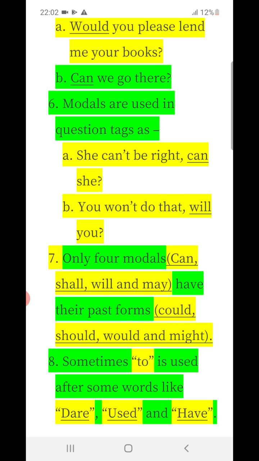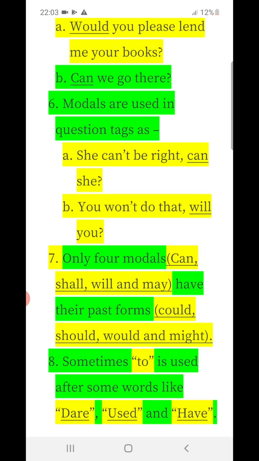So, over here, can she, can, and will you, will. So, can and will are modals which are used as question tags.